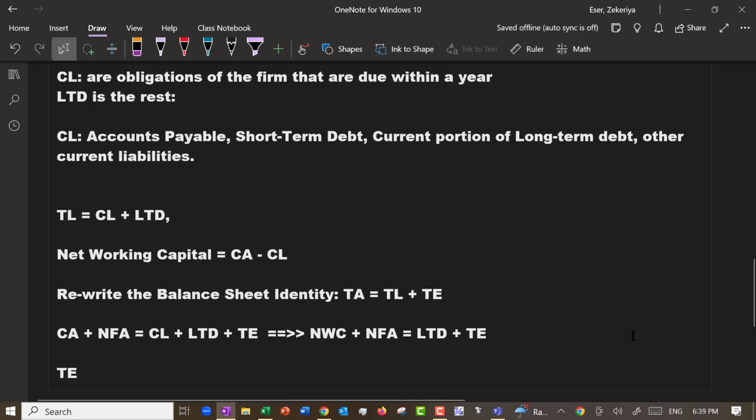Now, total equity is basically paid in capital plus accumulated retained earnings.